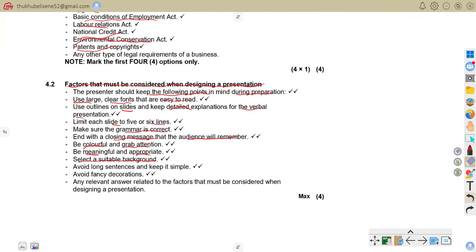And it further says, avoid long sentences, and keep it simple so that it will be clear for our audience, so that the audience get what we are saying. Avoid also fancy decorations. So any relevant answers related to these answers are acceptable. So that is question 4.2.